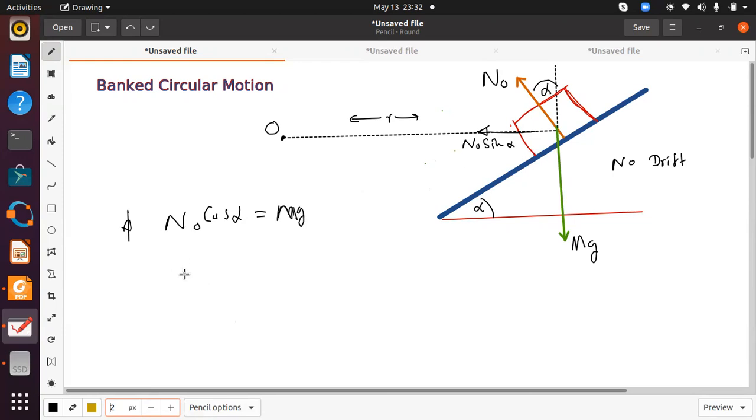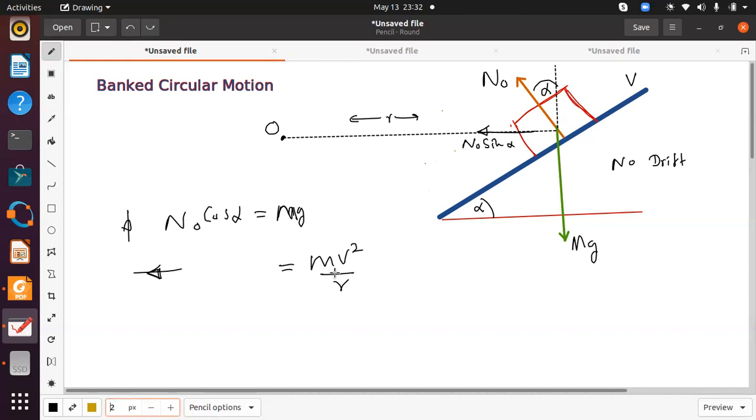Now, suppose the car is moving at a tangential velocity v, and this curve has a center somewhere around here, which is r distance away from the track. To have a circular motion with the velocity v, there should be a centripetal force required for that. The centripetal force required for this particular motion is mv squared over r.